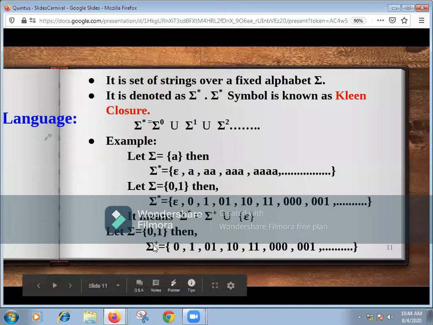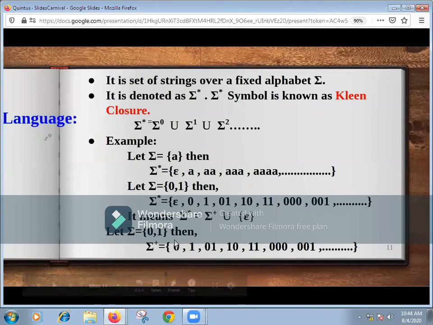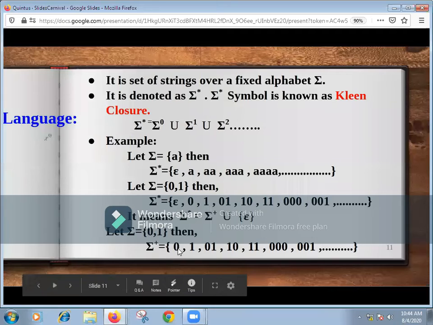Alphabet plus is the set of all sequences over the alphabet where we are excluding the epsilon symbol. This alphabet plus has all the elements similar to alphabet closure, but with epsilon removed. This is the difference between Kleene closure and alphabet plus.